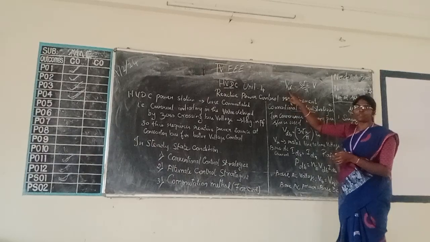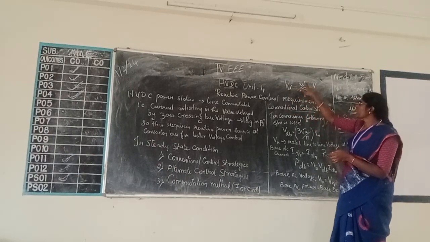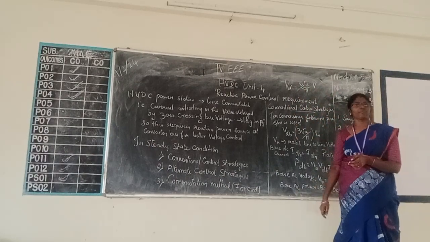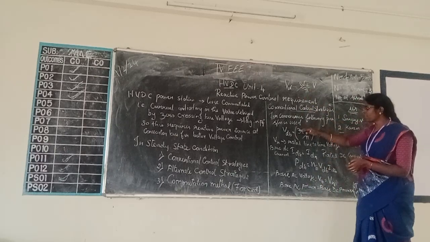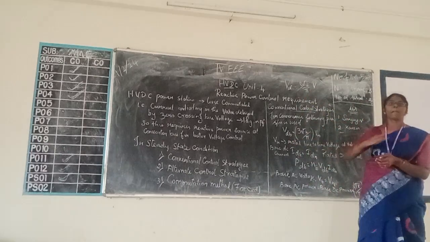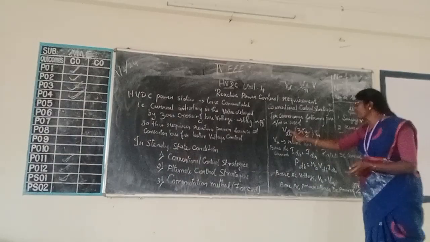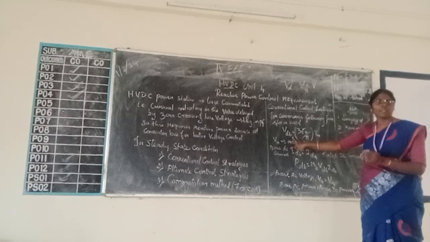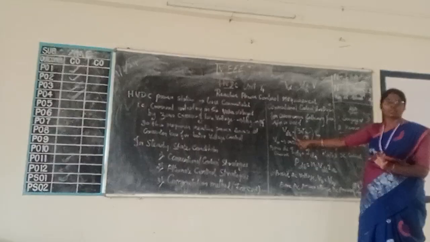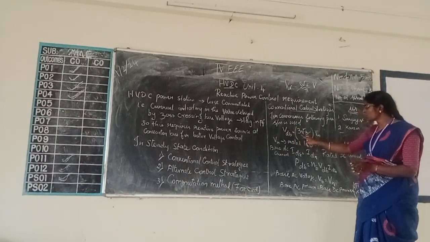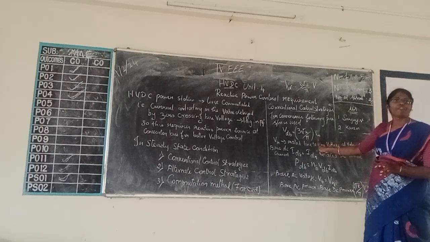In comparison to that, I am going to take a base converter, that is VDB, the base converter voltage, VDB is equal to 3 root 2 by pi VN.